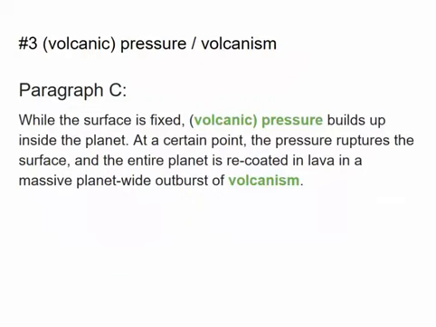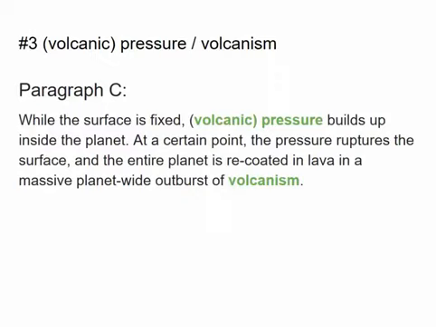While the surface is fixed, okay, it's not changing, it's not moving or doing anything, right? Volcanic pressure builds up inside the planet. Those arrows on the visual represent pressure pushing up against the surface of Venus. That's what's described here in paragraph C of the passage.